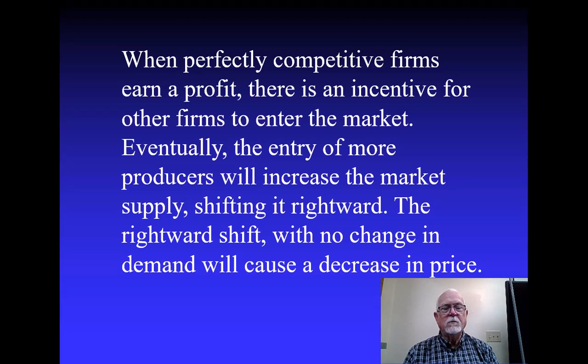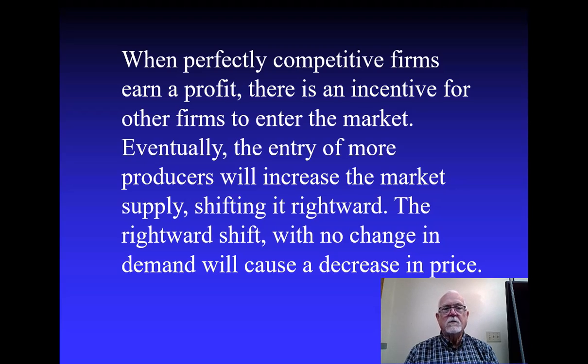Well, when enough firms do that, guess what? Now, instead of being 1,000 firms, maybe there's 1,100 or whatever. Well, what happens to supply when there's a greater number of producer sellers? The supply typically increases. Well, what's that going to do to the market price? It's going to cause the market price to fall. Okay.